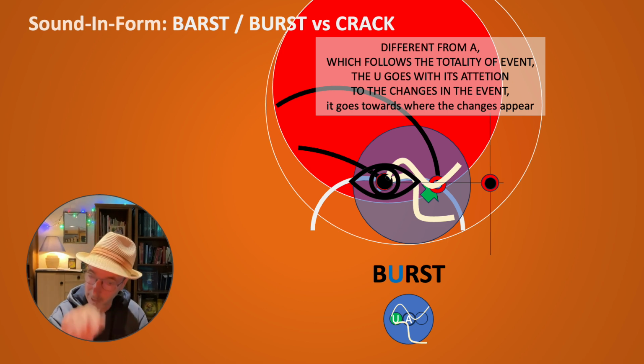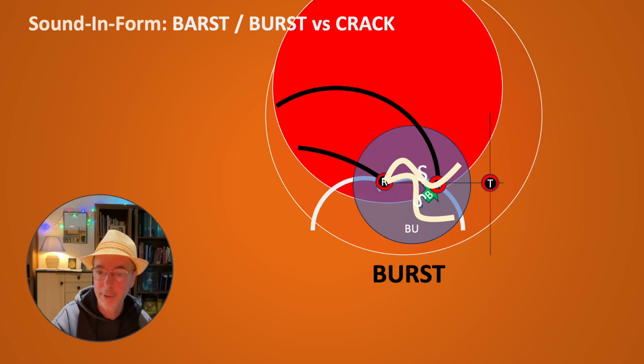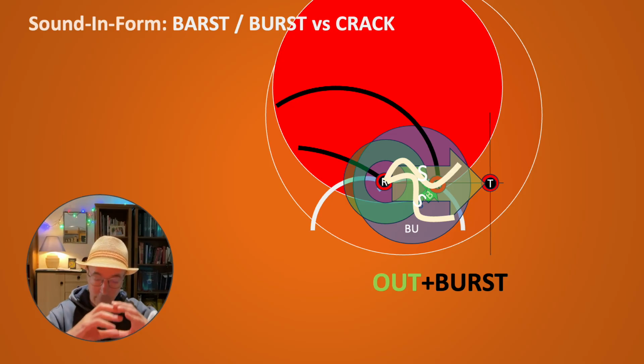So it will focus on the first point where it starts to burst open, where the changes appear. Outburst, in that way as well, focuses from the starting point where things are breaking open in a certain time schedule where it is changing.